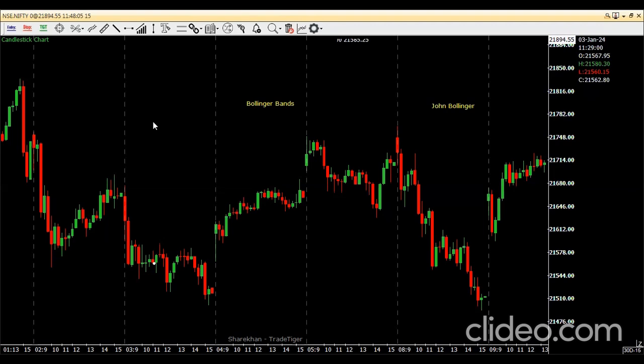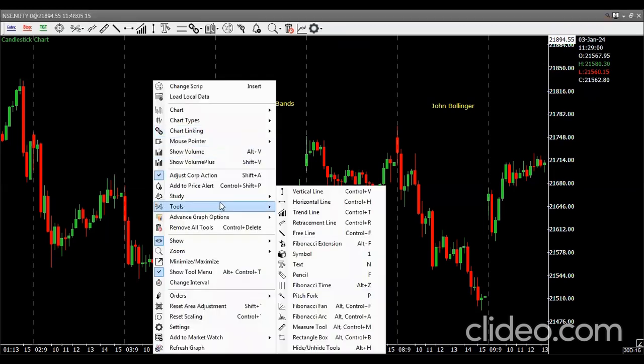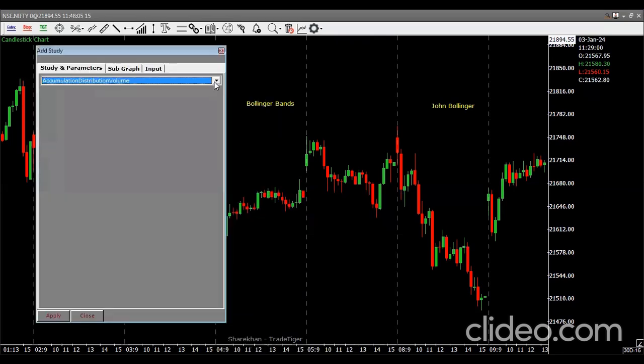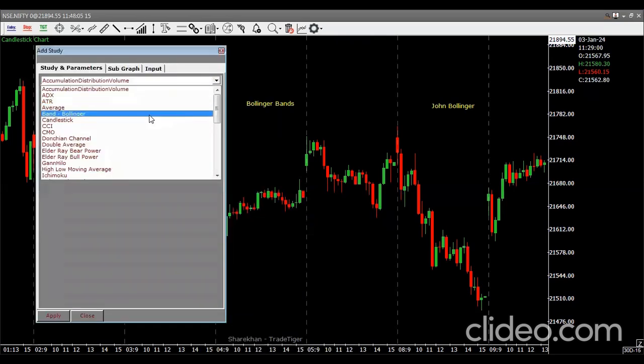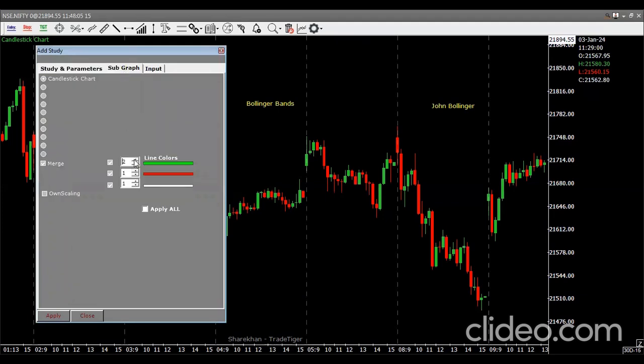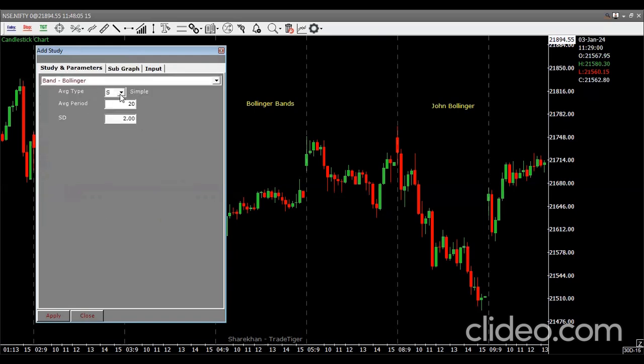Okay, now let us implement this in our chart. You have to go to study, add study, and you have to select Bollinger Band. Now I am going to zoom this. Here also we are getting the average line.